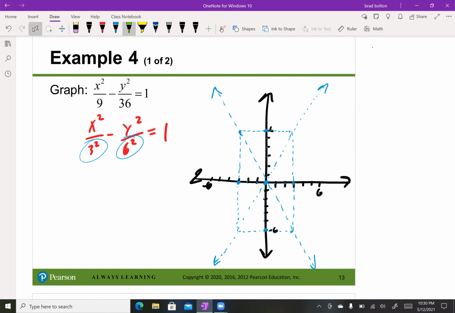Okay. So now I'm going to draw it in gray. So I'm going to do something like this. And remember, these are asymptotes, so I'm not really supposed to be touching these diagonals. I'm just doing the best I can to try to draw it.